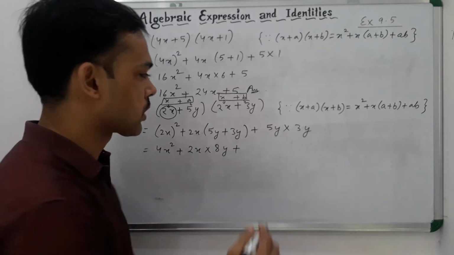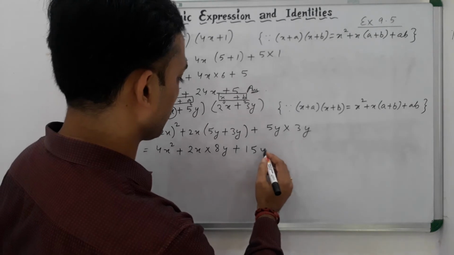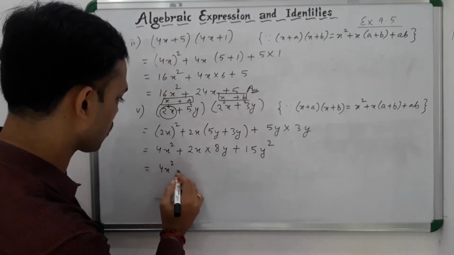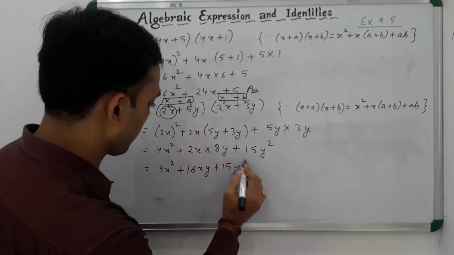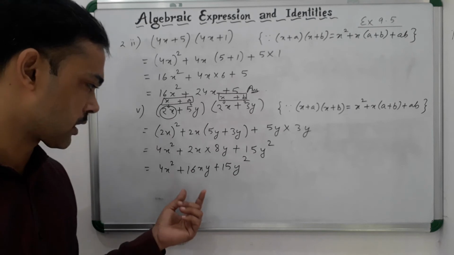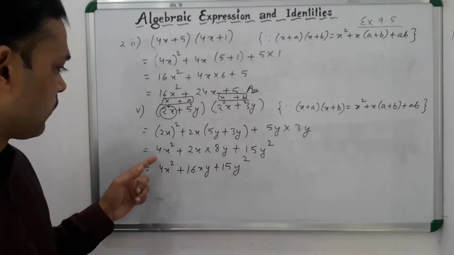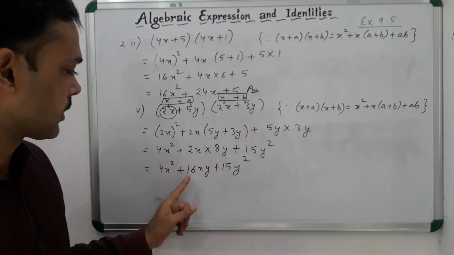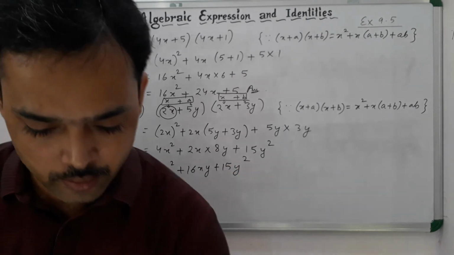So 5 into 3 will be 15 and y into y will be y square. And then when you solve, you get the answer as 4x square plus 16xy plus 15y square. How have we got 16xy? 2 into 8, 16, x into y, xy plus 15y square.